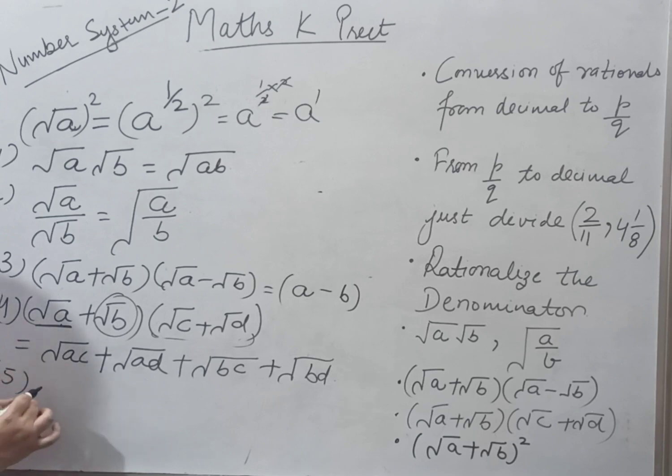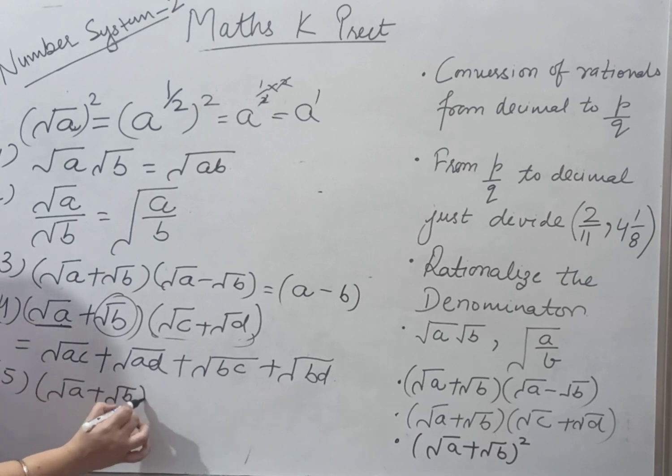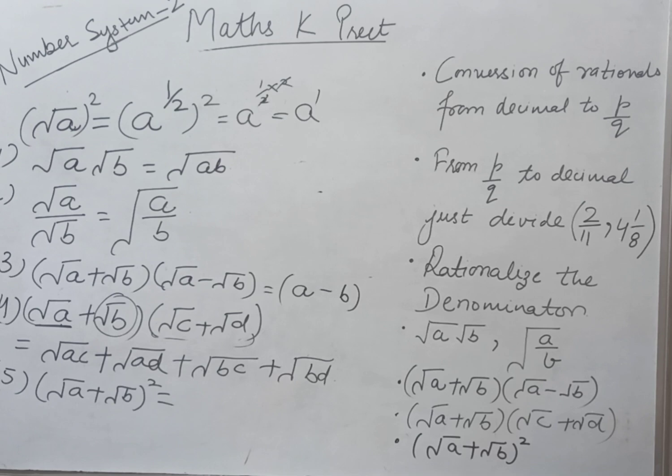Fifth is root a plus root b whole square. We know that a plus b whole square is a square plus b square plus 2ab.